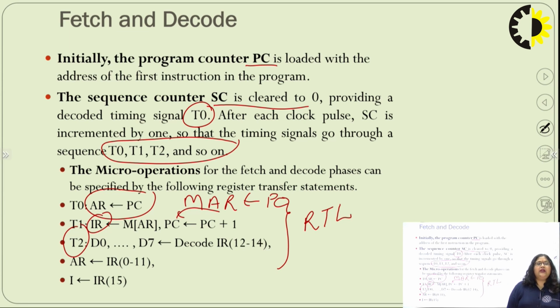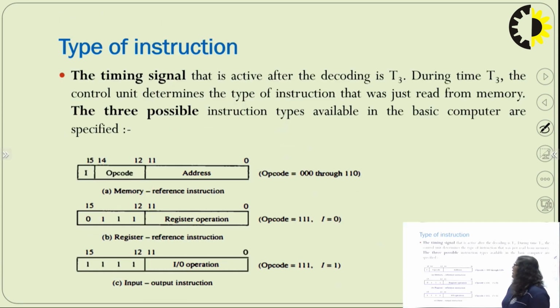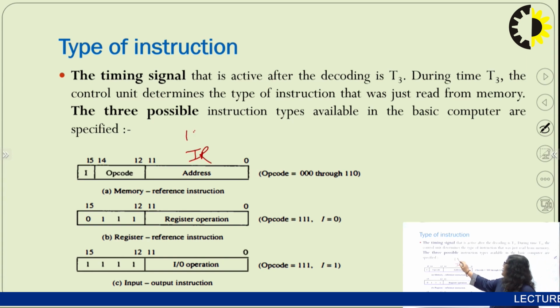That is D0 to D7 from IR bits 12 to 14. I define this D0 to D7 and IR in the next slides. And AR holds IR bits 0 to 11. IR holds bits 0 to 15, that means a 16-bit instruction is held by the IR.